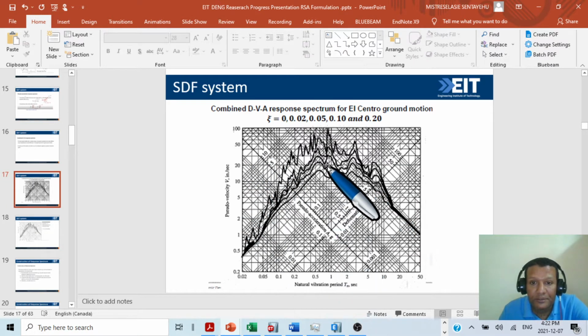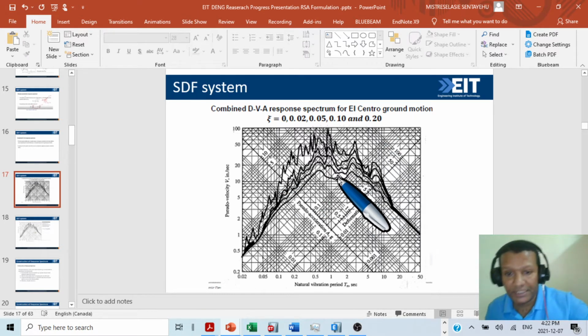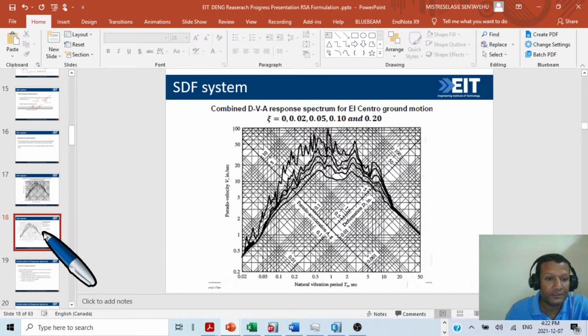Again we go up here, and then perpendicular to this it will give us the pseudo acceleration. Again from this point we go perpendicular to deformation. So this curve is the combined DVA response spectrum for El Centro ground motion, and for any place we can construct this kind of graph and use it.